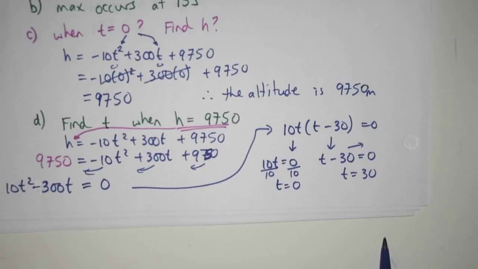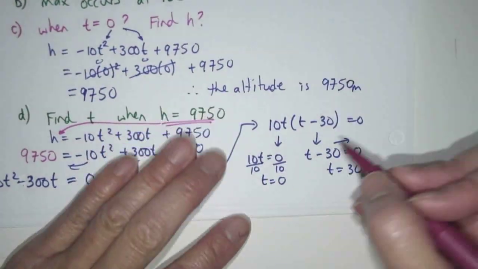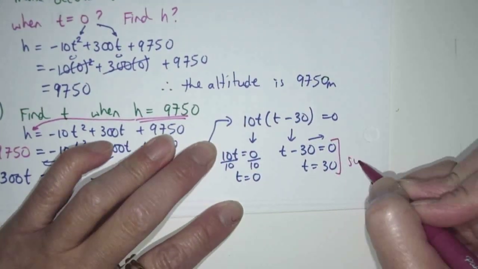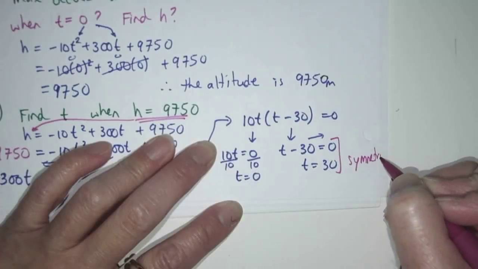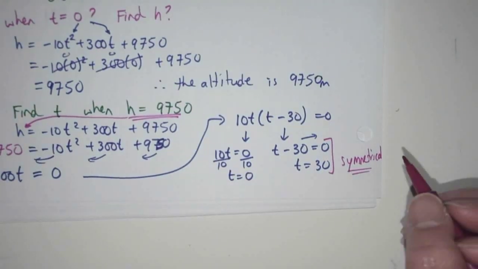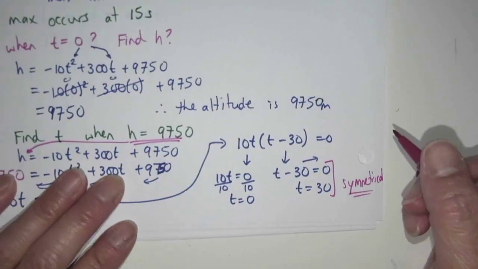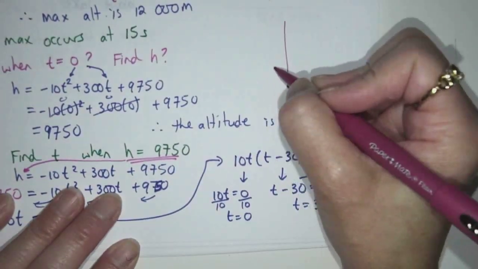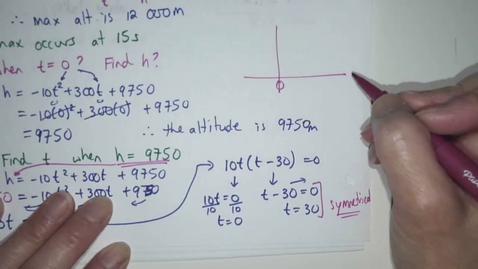So that means it's symmetrical. And again, we haven't done a lot about this, but there's some symmetry. So if we have over here on our graph, this is 0.